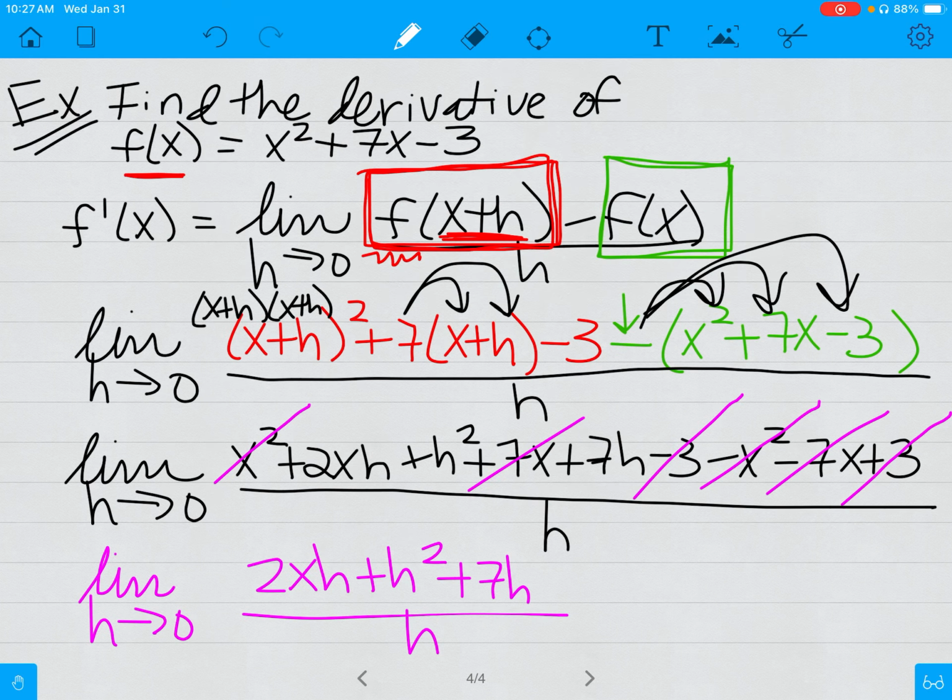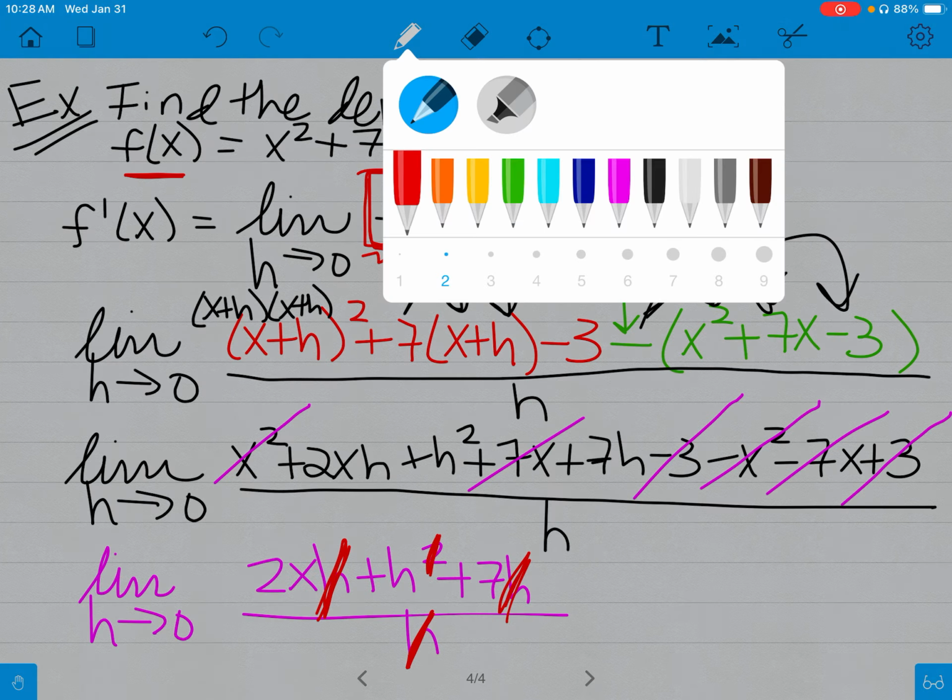And so when I think about what that means, 2xh divided by h, well, that h would be gone, right? It would cancel out with the h in the denominator. The h squared over h, I'm going to be left with 1h in the numerator to cancel with the 1 in the denominator. And then 7h over h, that would cancel out as well. The h's would, and leave me with the 7.